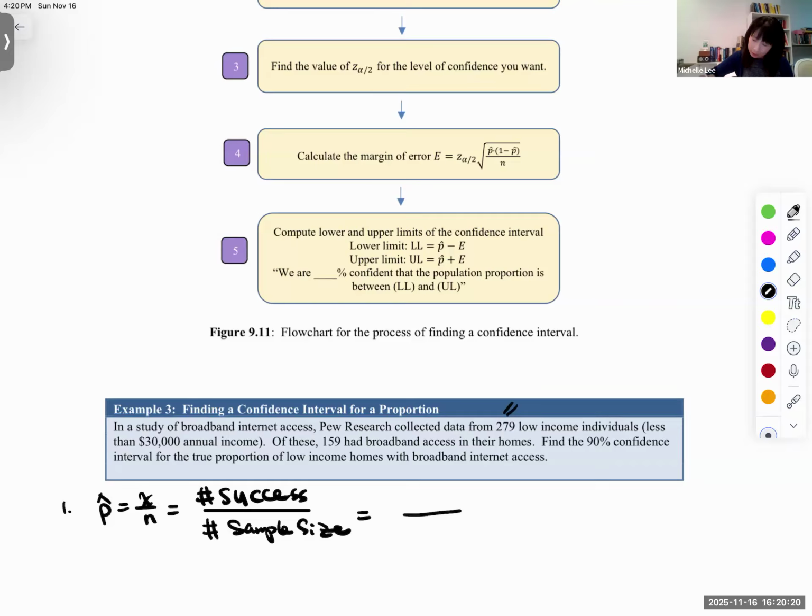Yeah, this is the sample size, good. Then how many successes? No, wait a minute. 279 is the sample size we said, right? Yeah, that's correct. So 159, yes. Number of successes, yeah? So what do you get?